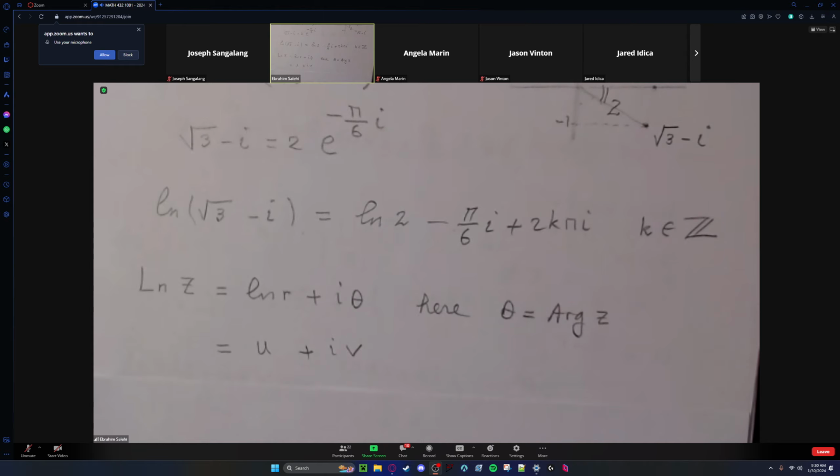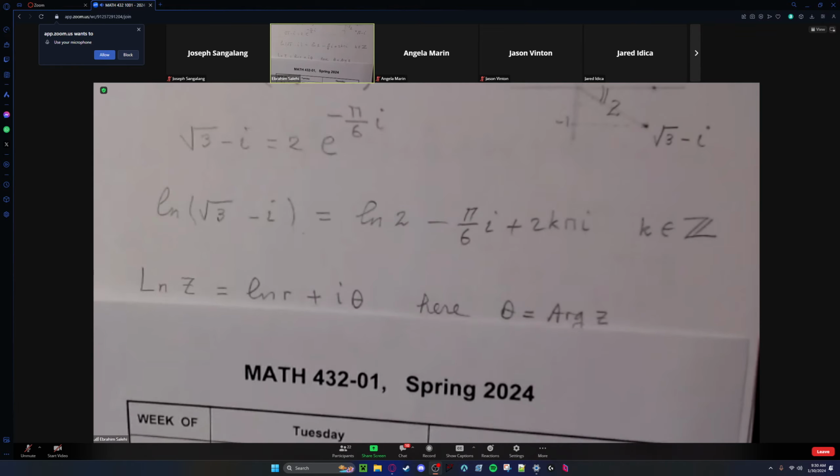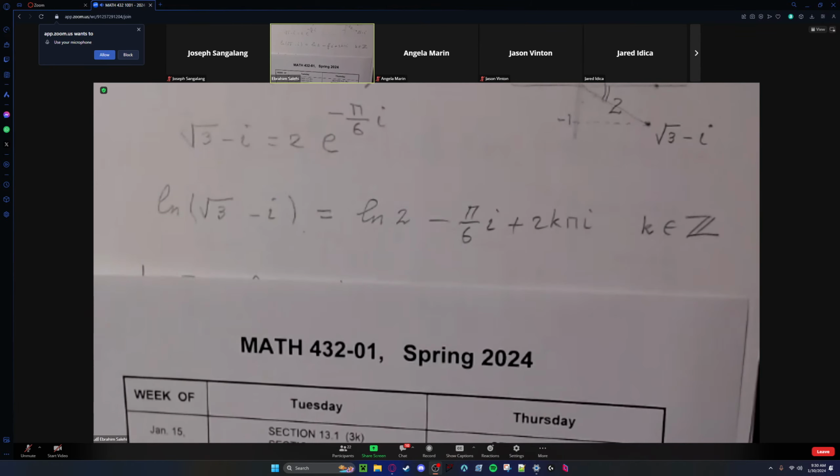Well, I just introduced the function logarithm. That's good enough. If you want to read in advance, please do so. I'm going to continue this on Thursday.